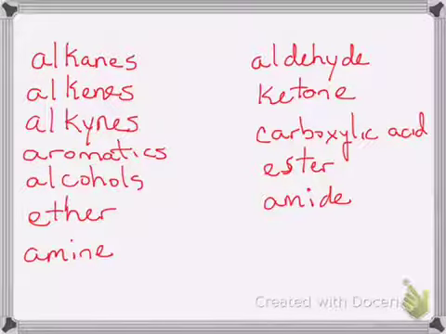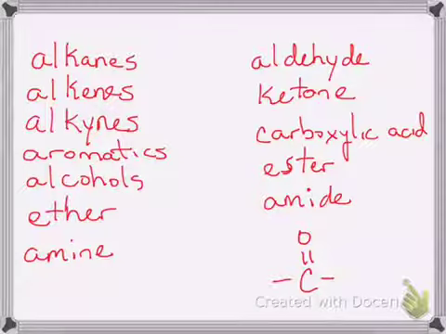So these are the 12: alkanes, alkenes, alkynes, aromatics, alcohols, ethers, amines, aldehydes, ketones, carboxylic acids, esters, and amides. And I've organized them in these two columns because what I know is that the ones in the right-hand column all have a carbonyl group somewhere in them.